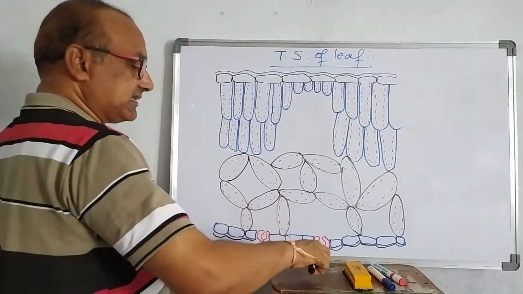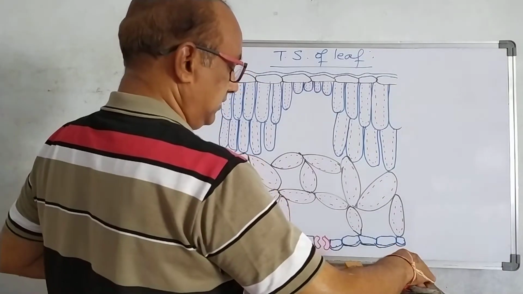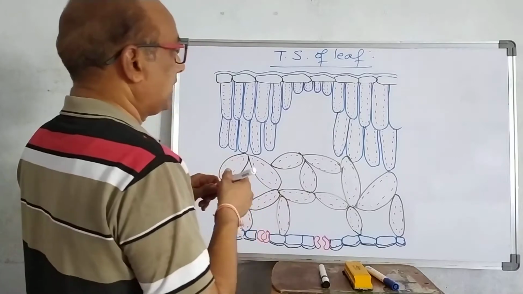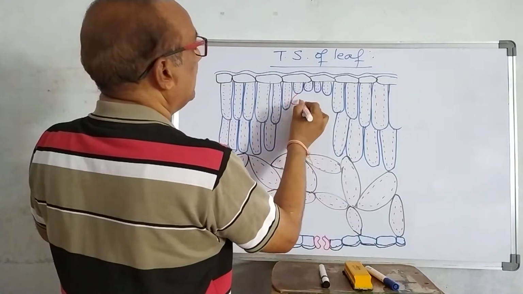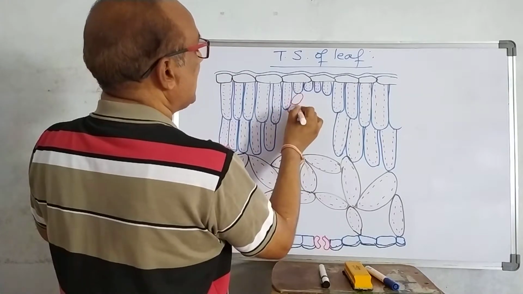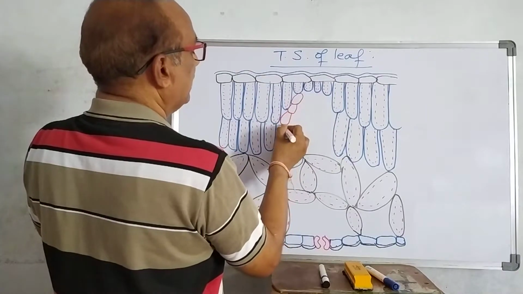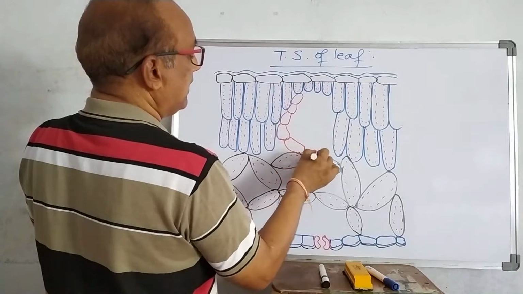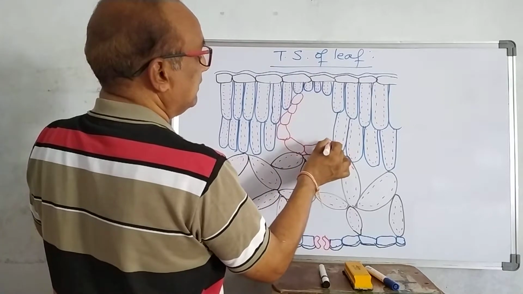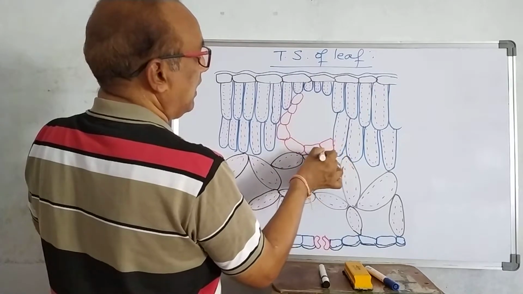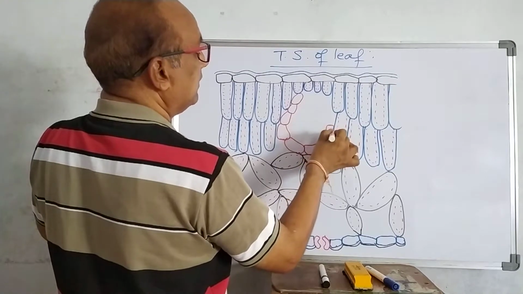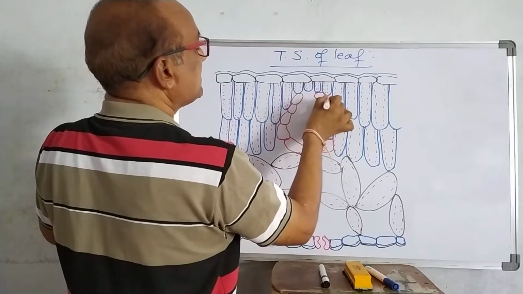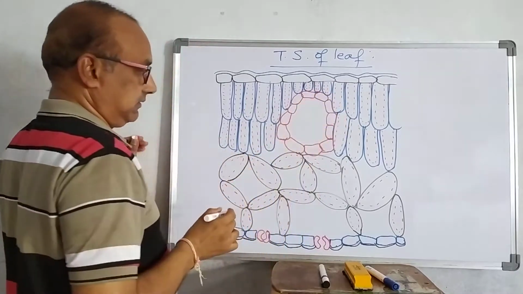Okay. Now at the center of the leaf, we can see different tissue cells, and these cells are in the shape of a bundle, and this bundle is named vascular bundle.